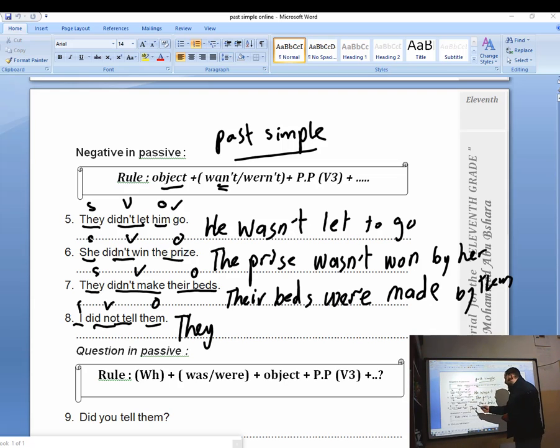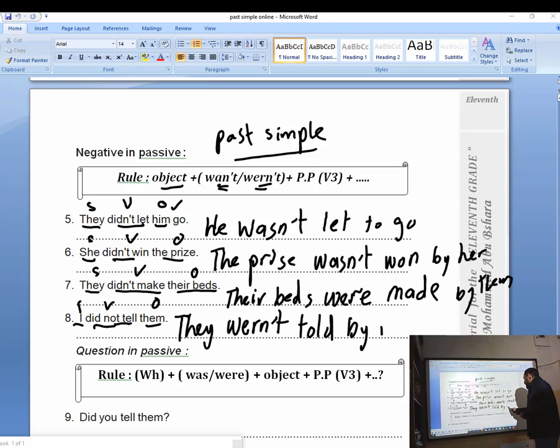They are plural, so we use weren't. They weren't told by me. Okay, this is the negative in the passive for the past simple.